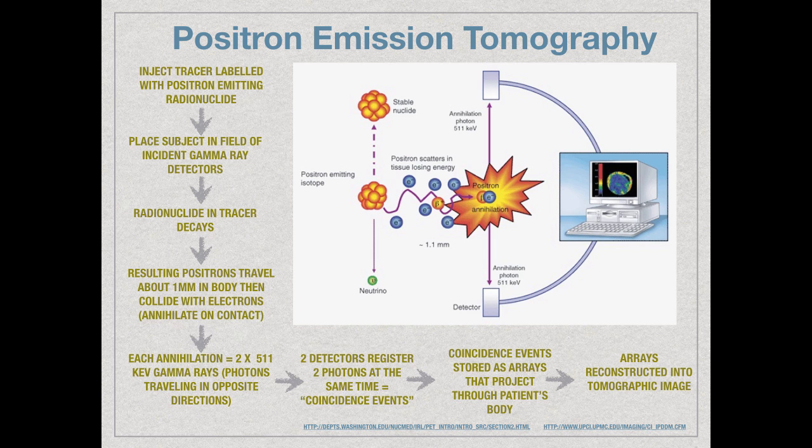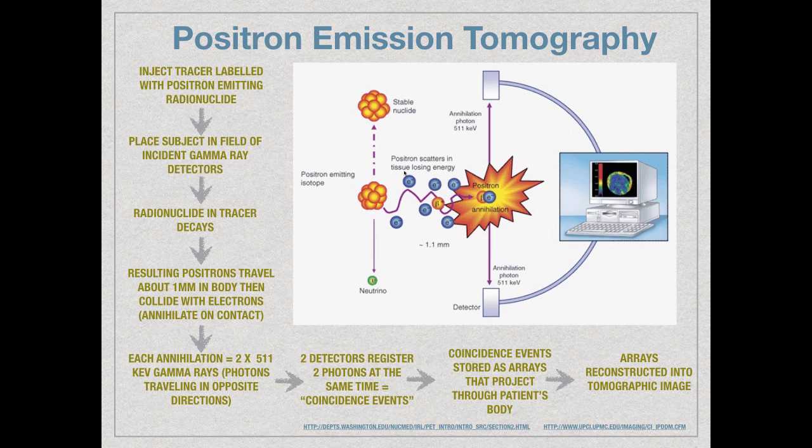The radionuclide in the body will decay. It will emit a positron, and it will emit them in a 180-degree linear pattern.